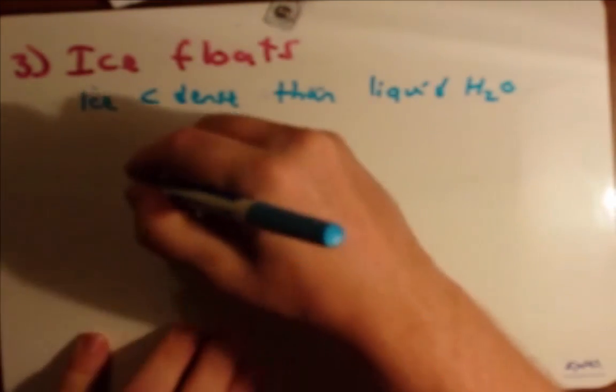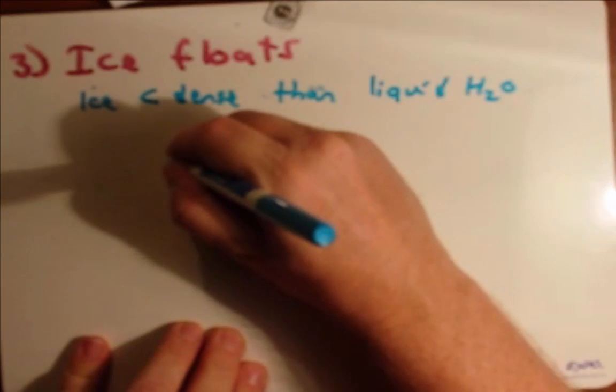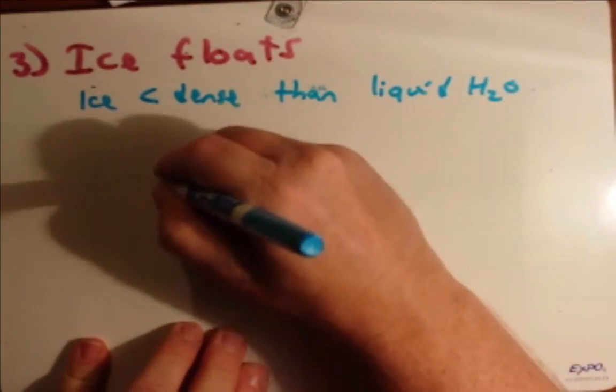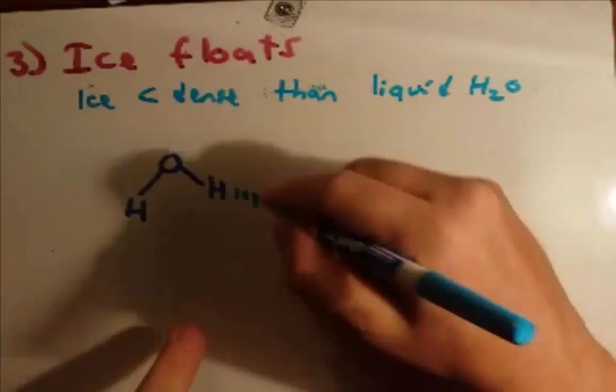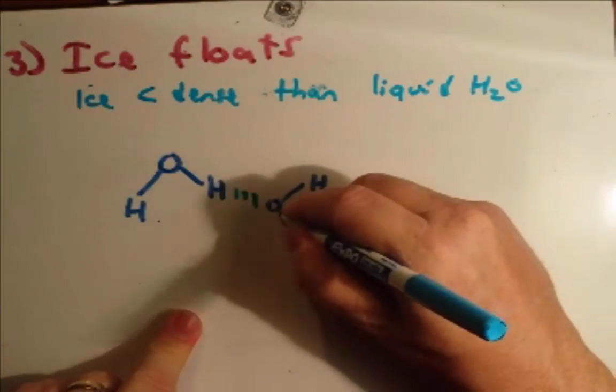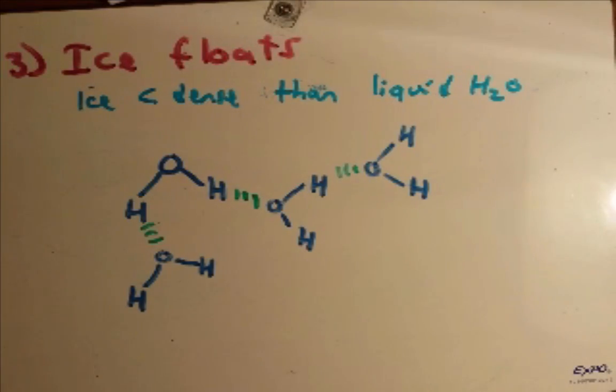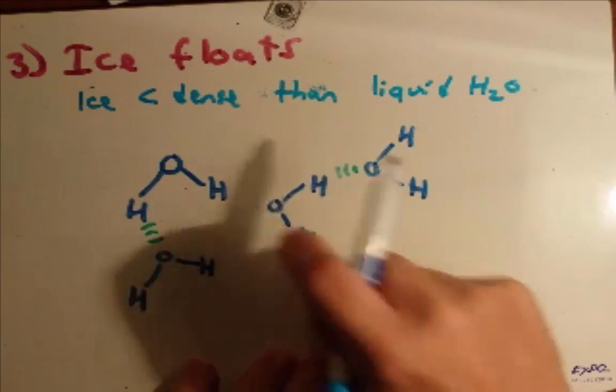What I'd like to do here is draw a few water molecules. And remember, they're going to hydrogen bond with other water molecules. In the liquid form, these hydrogen bonds are not very stable, or I should say they're less stable. Because they're less stable, they will form, like you see them here, and then they will also break apart.